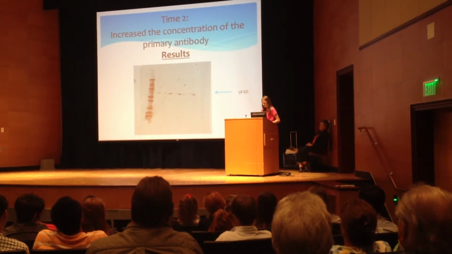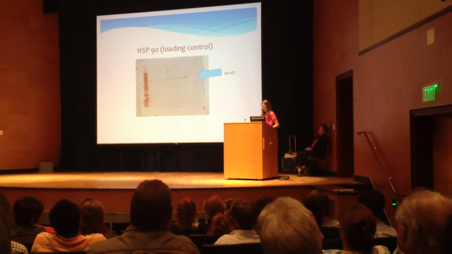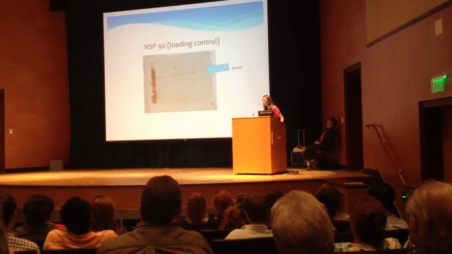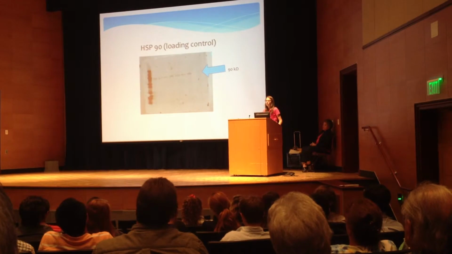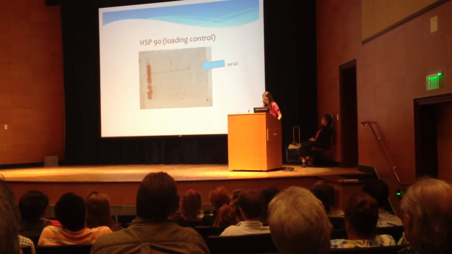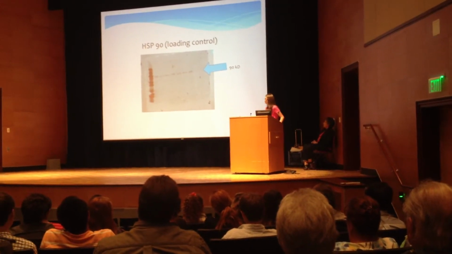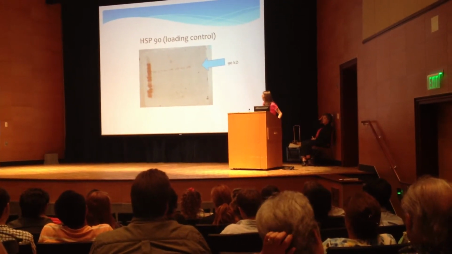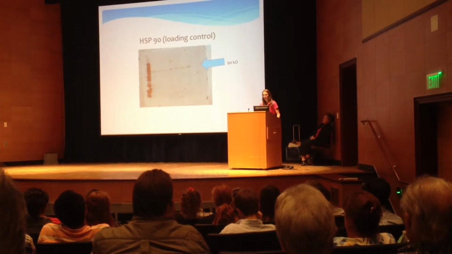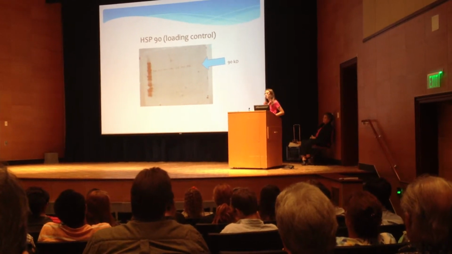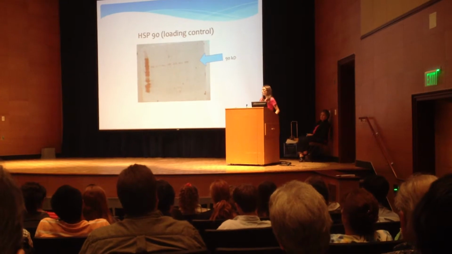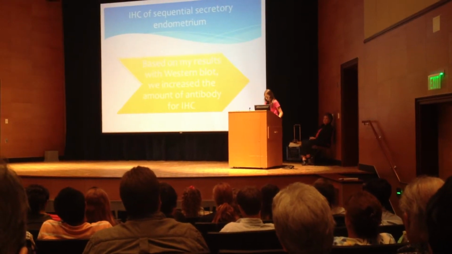And I also ran a gel for the HSP90, and this is just used as a loading control because when you do an HSP90, all the bands should be equal and equivalent. As you can see from these results, it's at 90 kilodaltons, so it's at the correct molecular weight. So this is how I knew that my results from the Golgi Western blot were accurate.